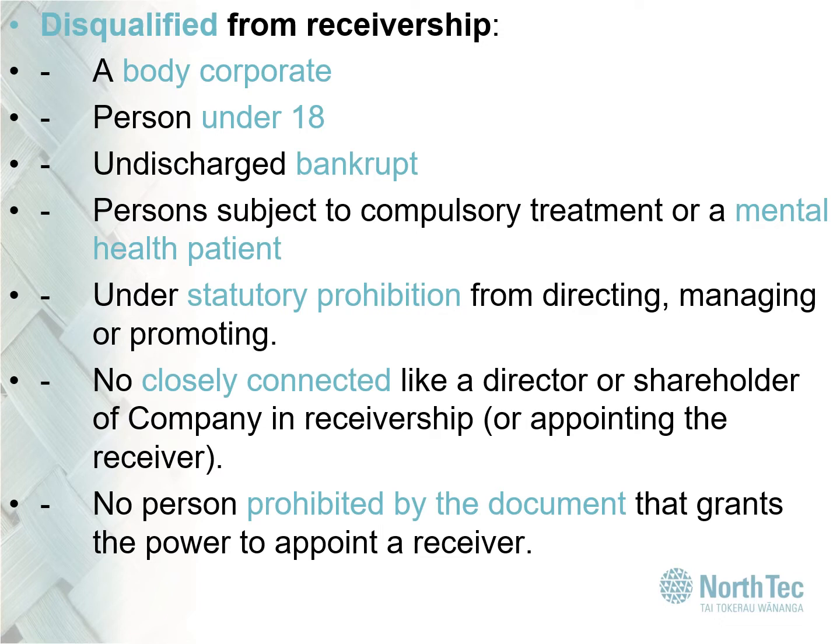If a person is under statutory prohibition from directing or managing or promoting, or is a closely connected person, for example a director or a shareholder of the company in receivership, they are also disqualified. Why? Because there will be a conflict of interest. And no person prohibited by the document that grants the power to appoint a receiver.